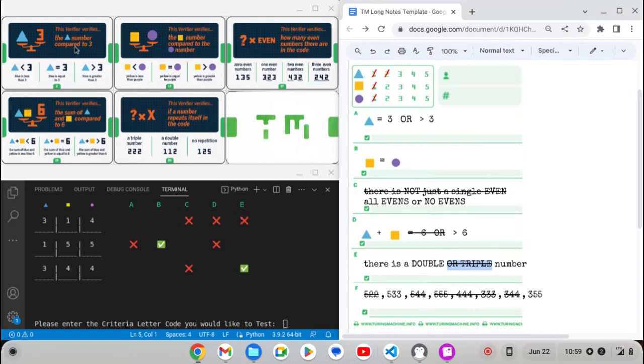Does it start with a 3 or not? Okay, so let's do A. Okay, it does not start with a 3. So let me go ahead and cross it out. So that means it's something that's greater than 3. Okay, so it doesn't start with a 3. And I guess again, 4.